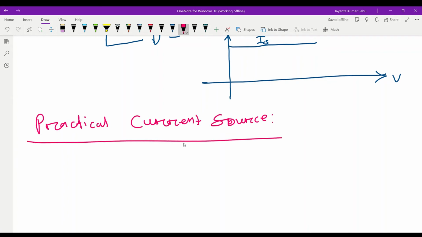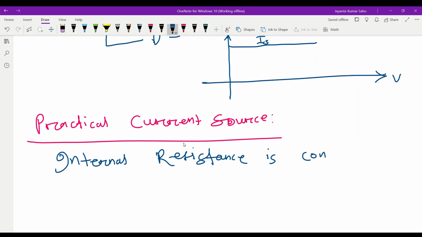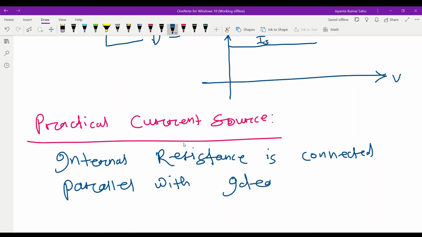In practical current source, what happens? Internal resistance is connected parallel with the ideal current source.